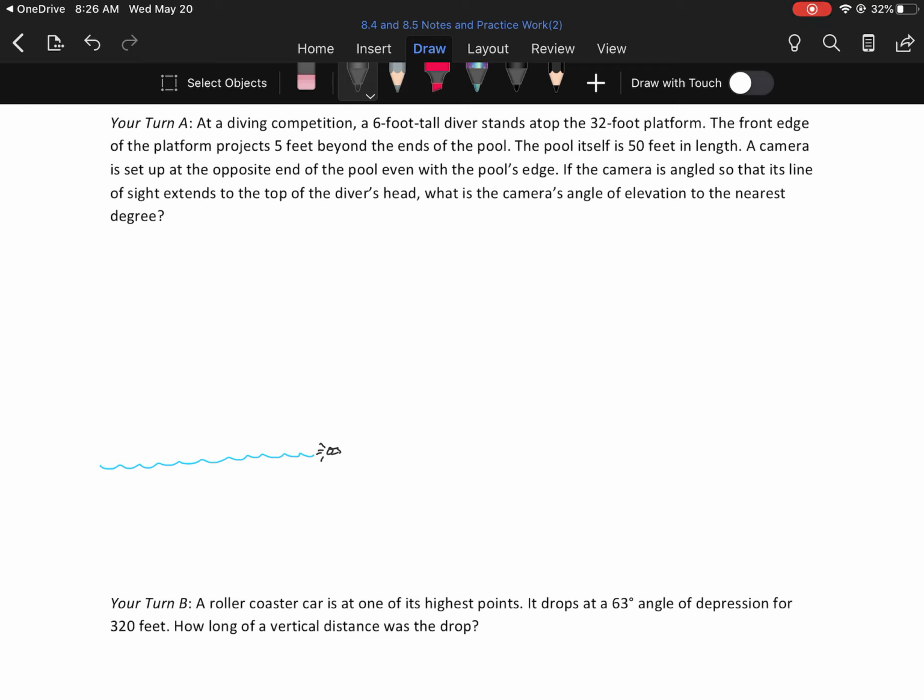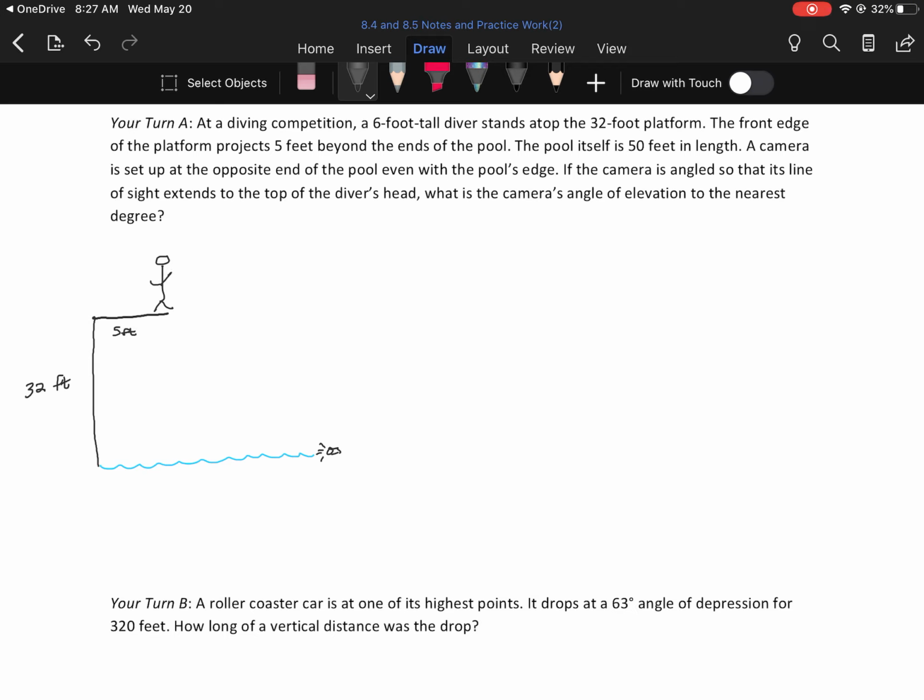Then we have our platform, which goes up. The platform is 32 feet. The front edge of the platform projects 5 feet beyond the ends of the pool. So that must mean my platform goes this way. All right, so this platform is 5 feet. And we have a 6-foot tall diver standing on it.